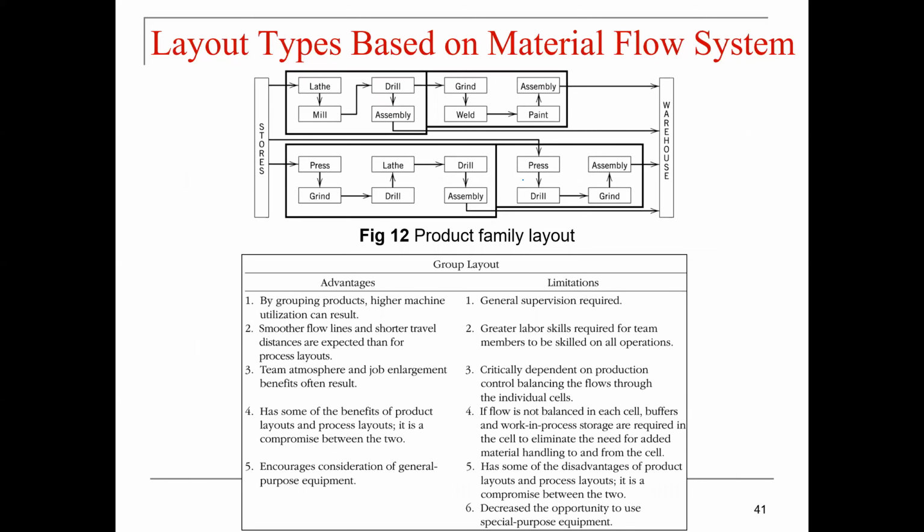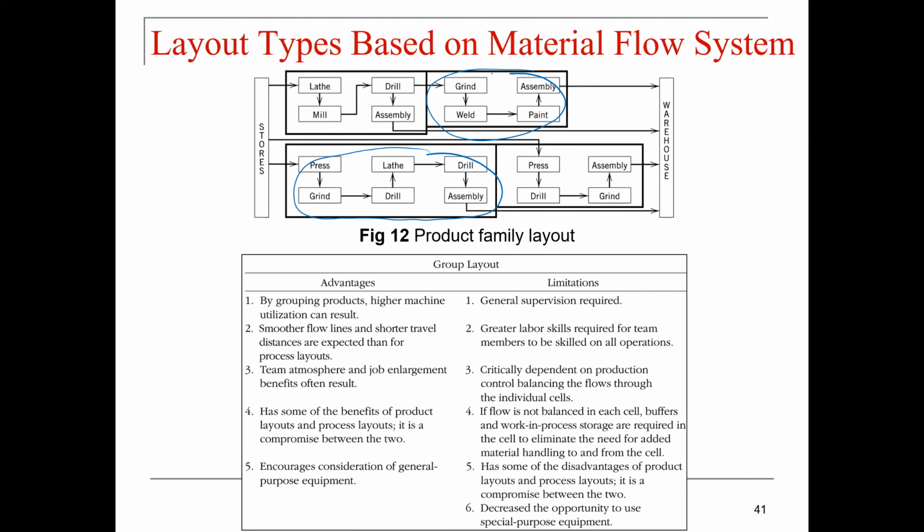The product family layout is the type of layout that you can build using the direct clustering algorithm. So here again, you have product families. Let's say this cell is used for one product, and this is another cell that can be used to manufacture another part, and so on.